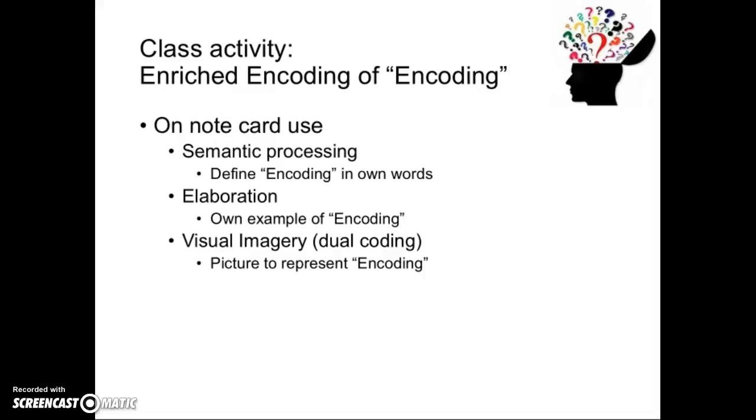So in my class, I ask students on a note card to do some semantic processing, and we're going to do enriched semantic by defining what encoding, that's the very important word you need to learn in psychology, is in your own words. So right now in your notes, what is encoding? What does it mean personally to you? Pause the video until you get that done.